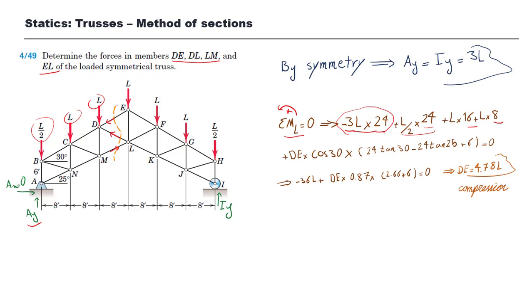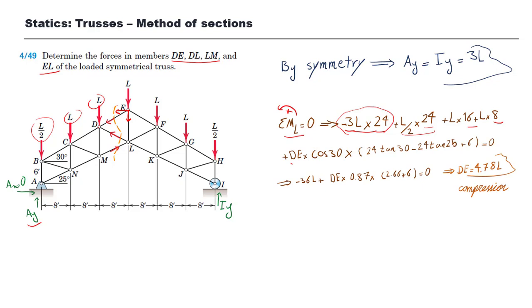I decompose it at point E here because if we decompose this force DE at point E, the vertical component of DE is passing through point L and doesn't cause moment about point L, and only the horizontal component of DE is causing moment about point L. So we can simplify our equation even further.